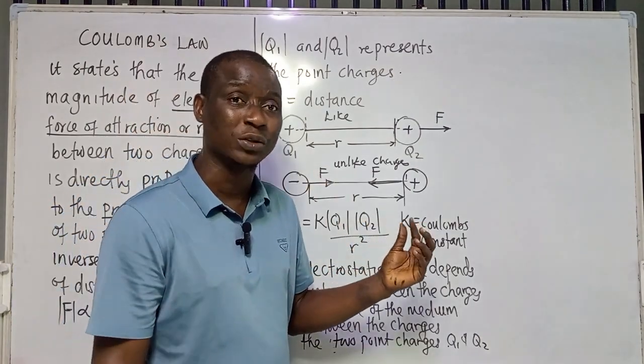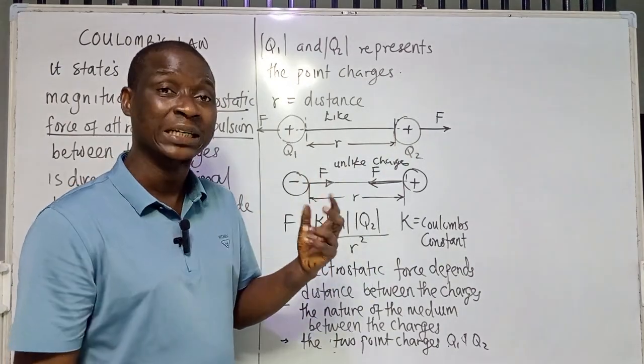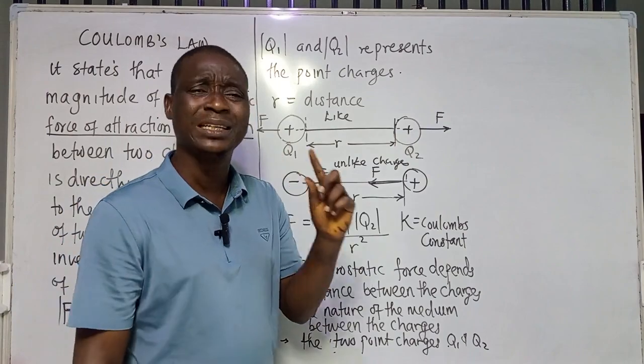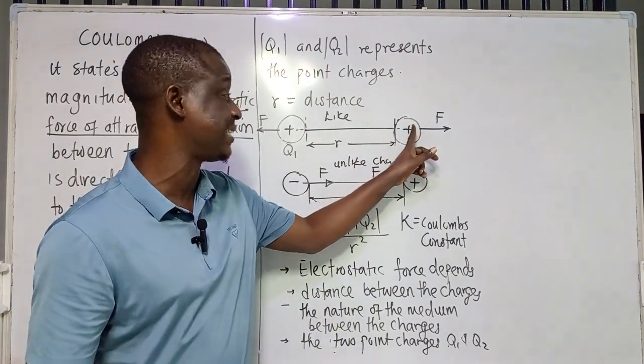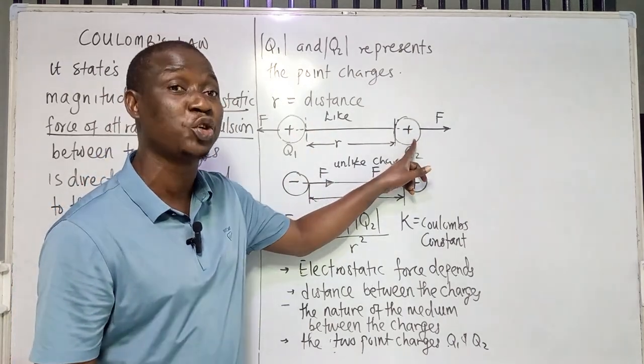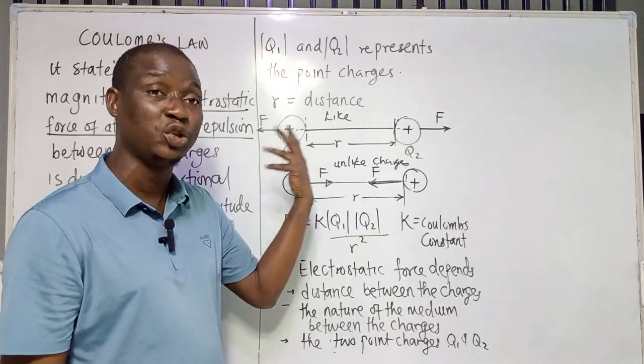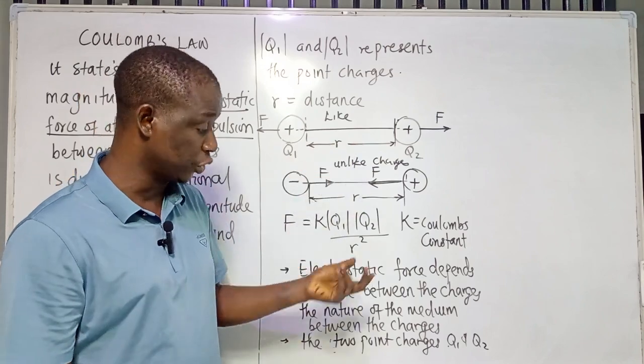These forces act along the line joining the two charges. Another thing you must know is that the force acting on Q1 is equal to the force acting on Q2. It's just that they act in opposite directions, obeying Newton's third law of motion.